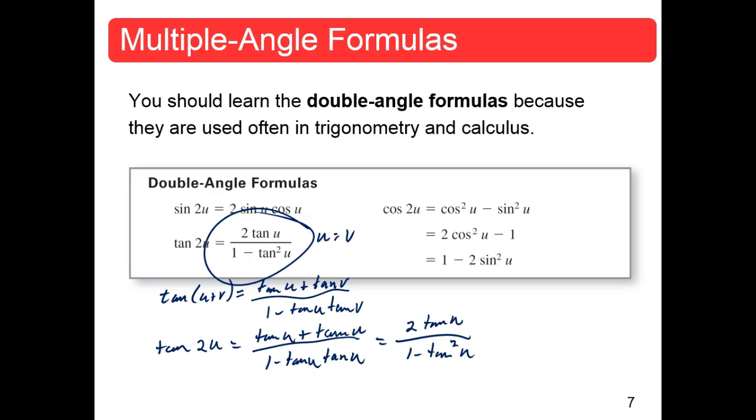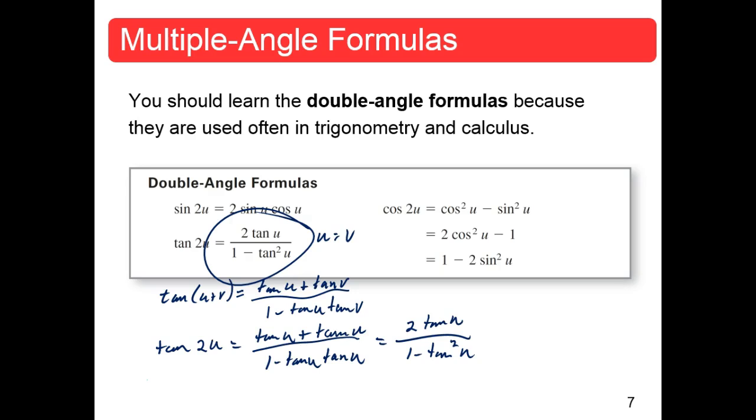Okay? So there are, you might say 3, but then you might also say 5 new identities. 1 for sine, 1 for tangent, sine 2u, tangent 2u, and 3 for cosine 2u. Just use the one that fits your problem the best. Any questions on that?